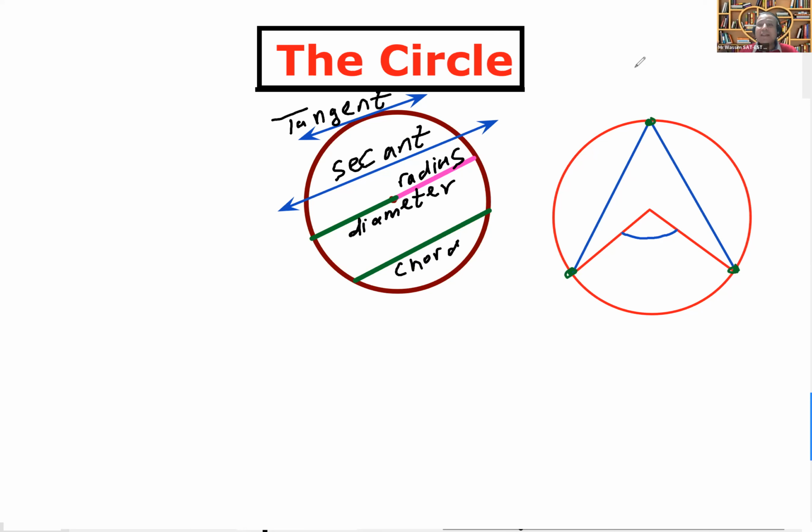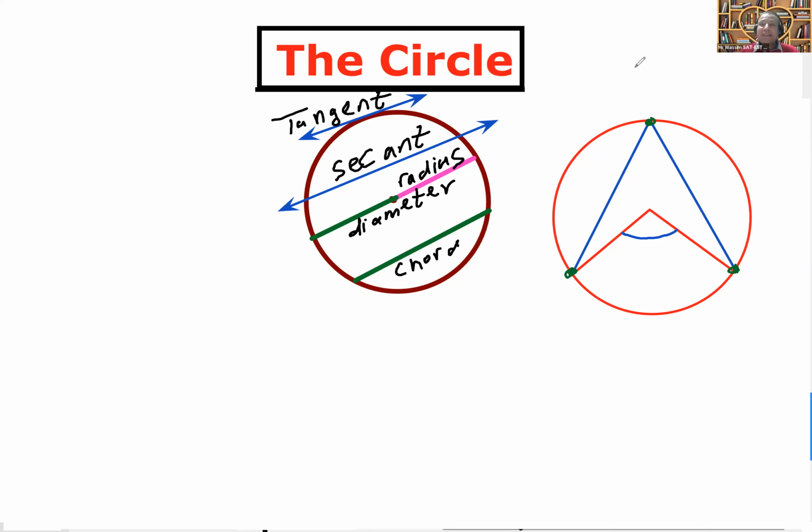So it's called inscribed angle, like inscribed triangle, inscribed polygon, inscribed rectangle. That means the vertices are on the circle. So it's either called inscribed angle or circumference angle.